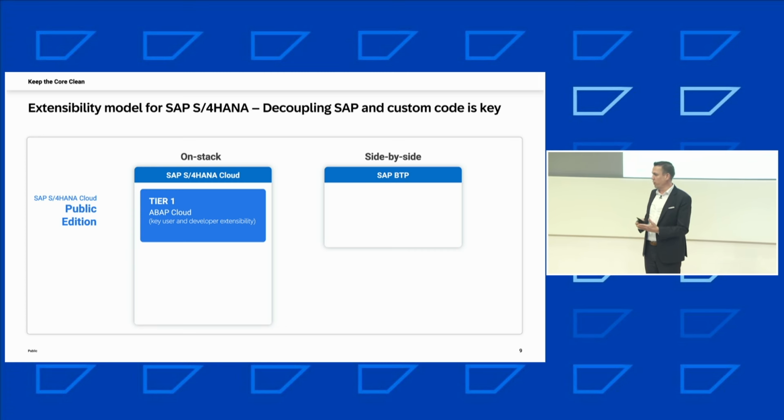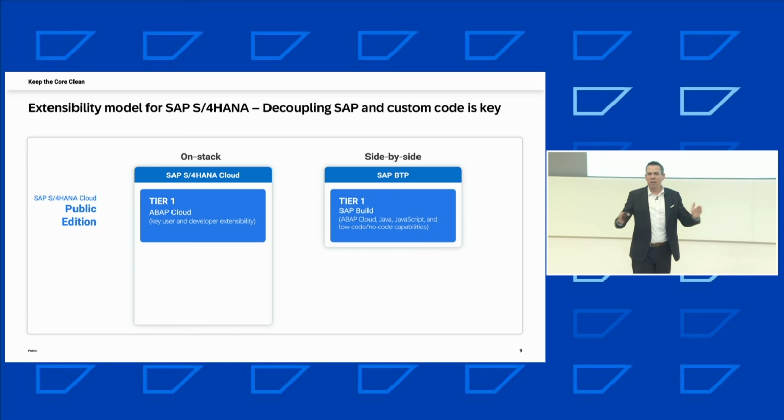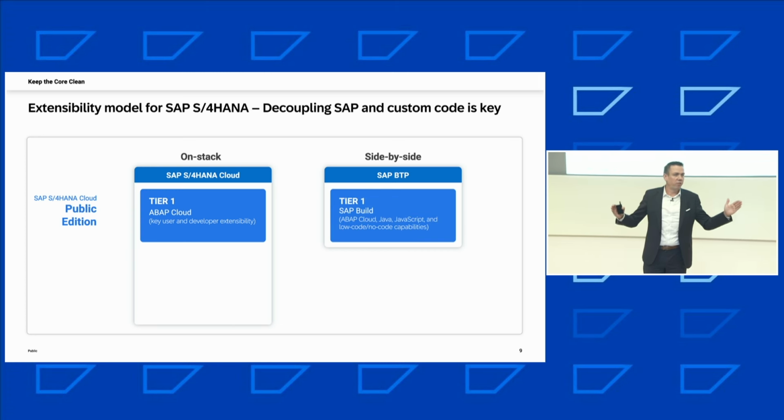So if you want to extend your business object, take a sales order, with a custom field, you don't need to copy everything, you don't need to replicate everything. You can use the key user capabilities on stack and do it in an upgrade stable way. And you can use the entire spectrum of side-by-side extensibility options.